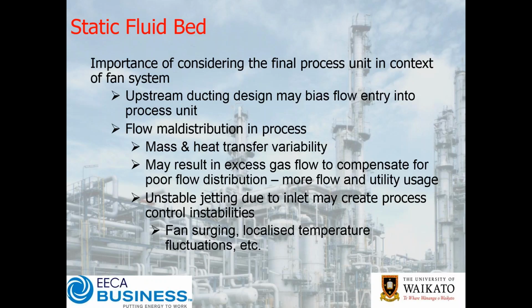You can get unstable jetting, and what that can do is it can mean that you have too much product being carried over into the exhaust stream, which can cause either product losses or contamination or other challenges. You could have surging on the fan as loads vary. You could have localized temperature fluctuations, or in some cases what's much worse is localized humidity fluctuations, which if you're dealing with a drying process can cause you all sorts of quality and process challenges.